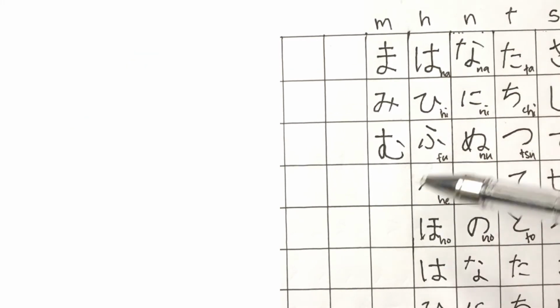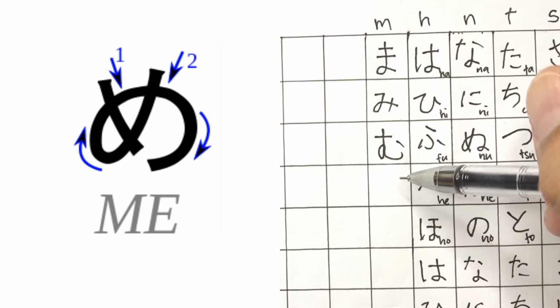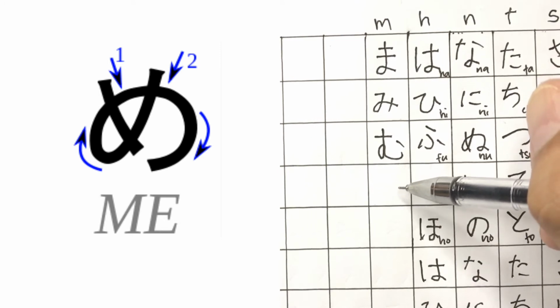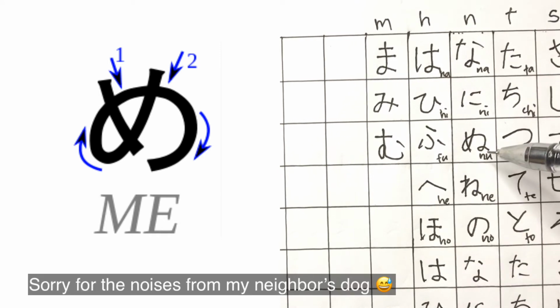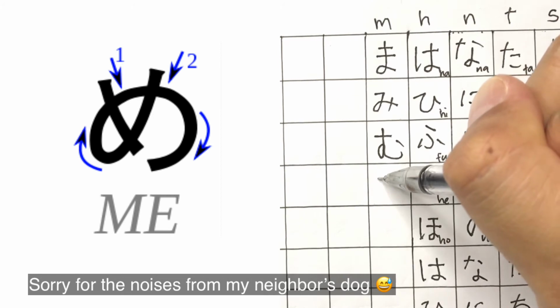The next character is me. Me is the same with n minus this tail.